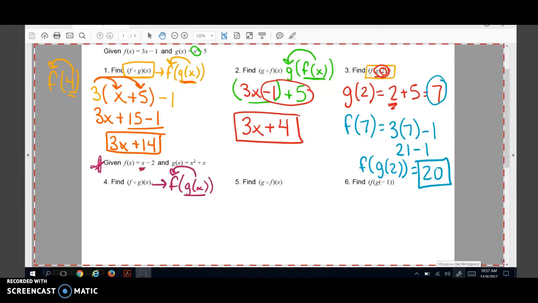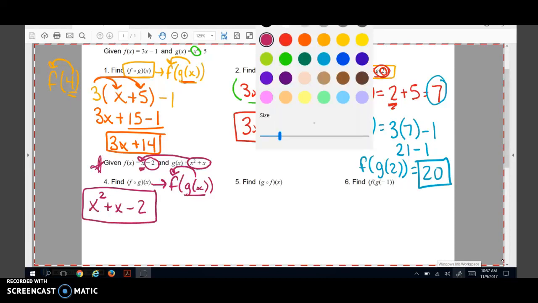Well, my variable is located here, so I'm going to substitute g into that variable. So I have x squared plus x, and then of course don't forget your minus 2. We always look to see if it will simplify. We do not have any like terms, so this is my final answer.